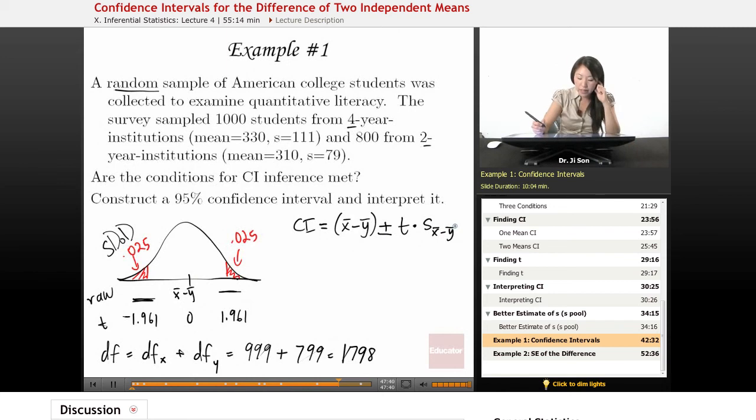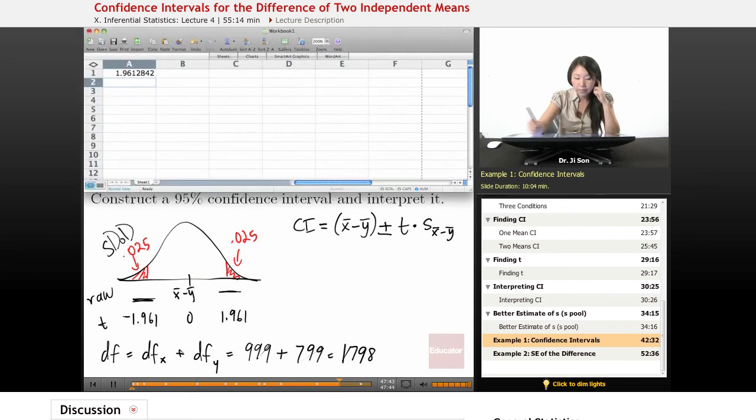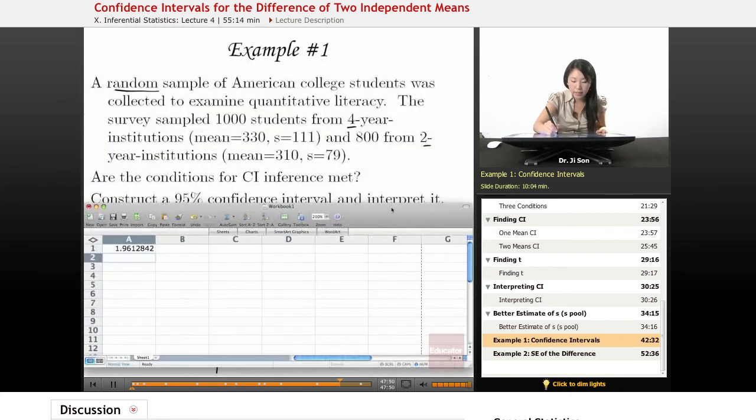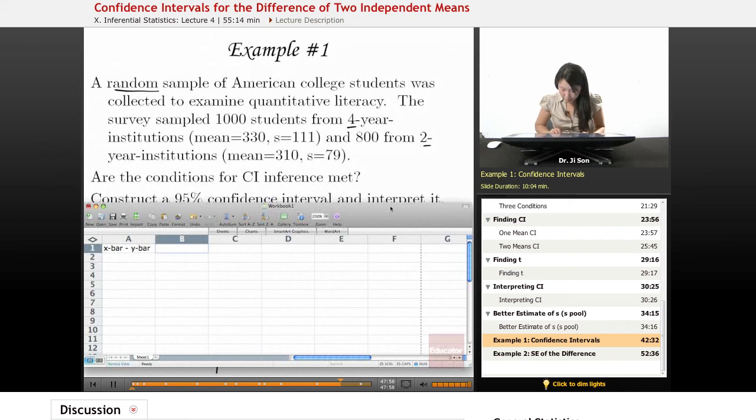And so it would be probably helpful to find this thing. So x bar minus y bar. That's going to be 330 minus 310. Oh, I didn't need the calculator to do that.